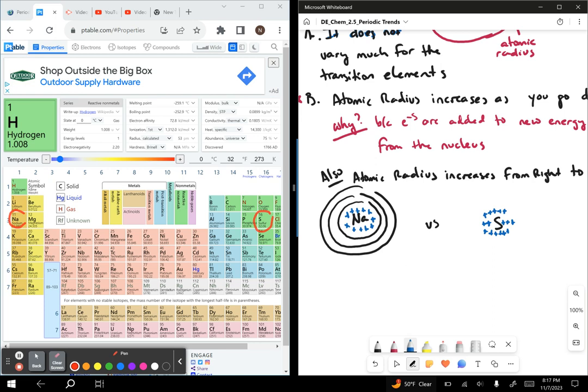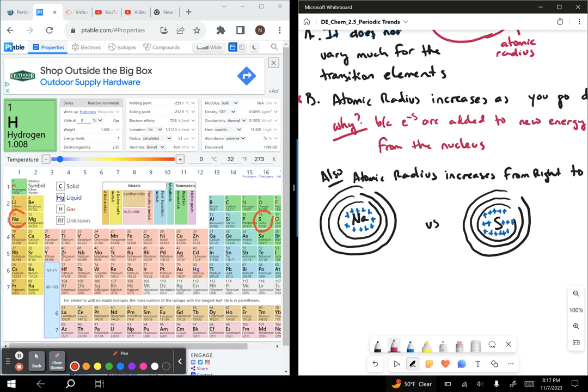And it still has 3 shells: 1, 2, and 3. So what's happening is you've added more electrons, but those electrons are still only going to be on that 3rd shell.